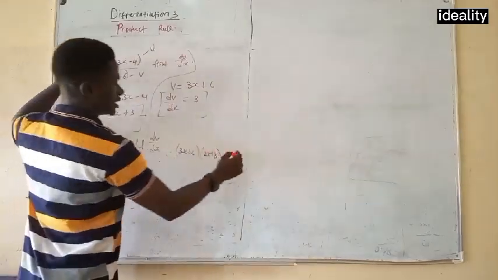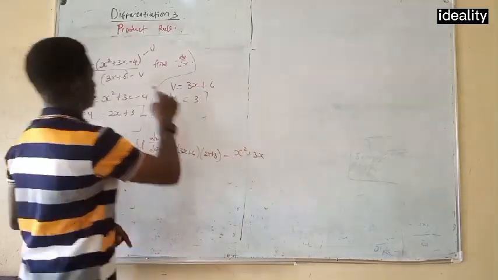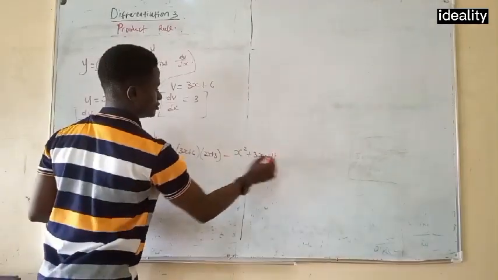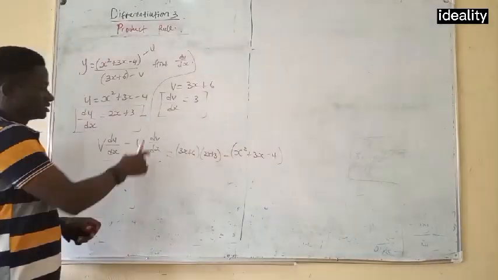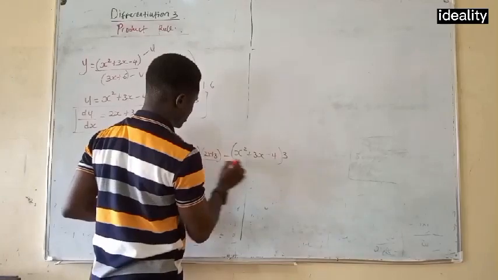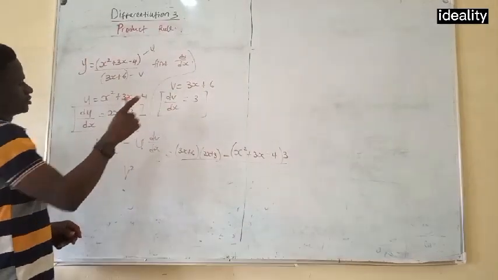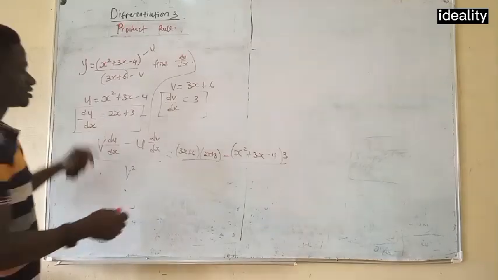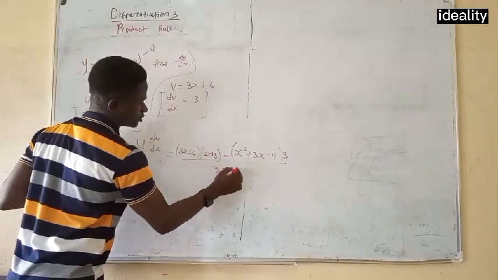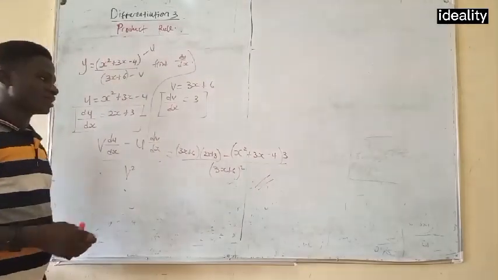My u is x squared plus 3x minus 4, multiplied by dv/dx, which is 3, everything over v squared, so 3x plus 6 squared. And this will be my final answer.